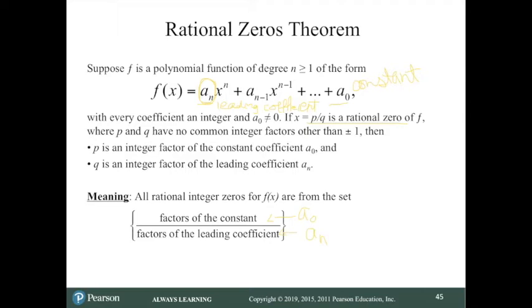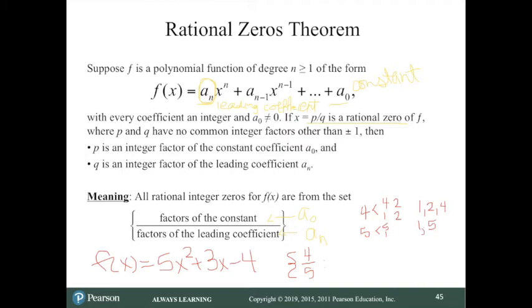So what does this look like? If I have f of x equals 5x squared plus 3x minus 4, then the only possible rational zeros I have here are the factors of 4 divided by the factors of 5. Factors of 4 include 4 times 1 and 2 times 2, or 1, 2, and 4. The factors of 5 include just 5 and 1. So my entire list is going to be, I'll write them out this way: 1 divided by 1, plus or minus, because I could do -1 times -1.